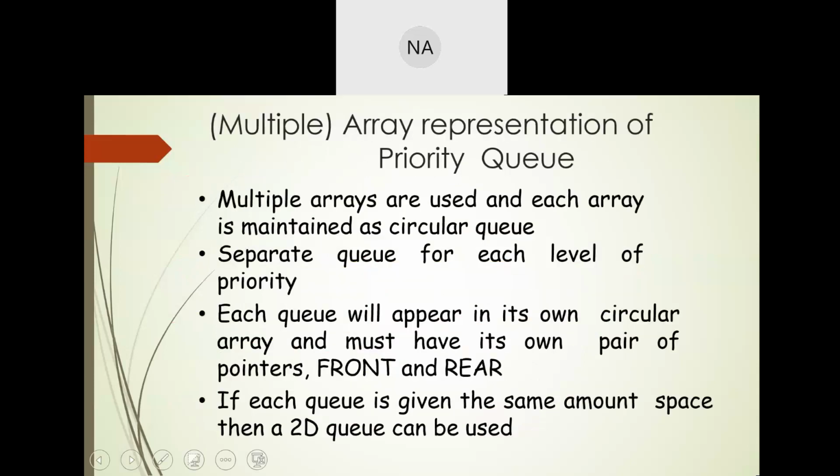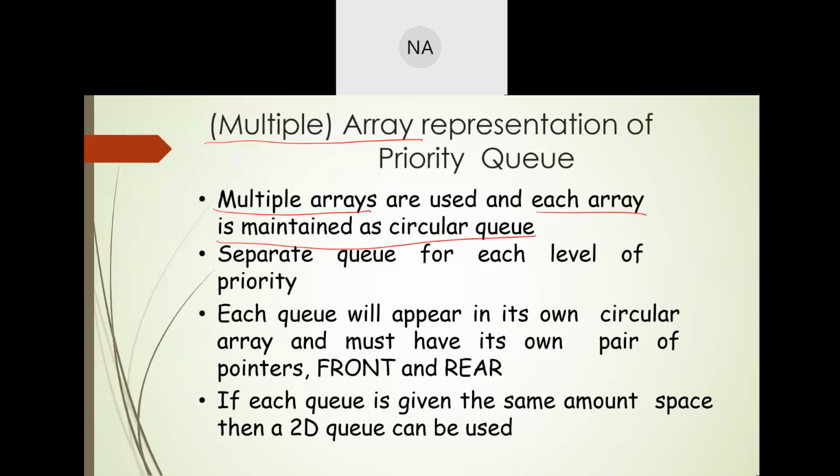Now, array representation. We will discuss only the multiple array representation of the priority queue because it is used frequently. Single arrays are not usually used for the array representation of the priority queue. In the multiple array representation, multiple arrays are used and each array is maintained as a circular queue.